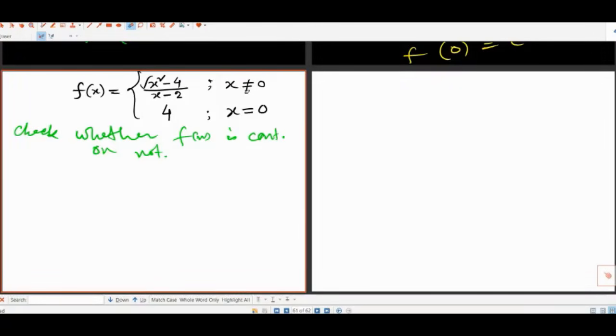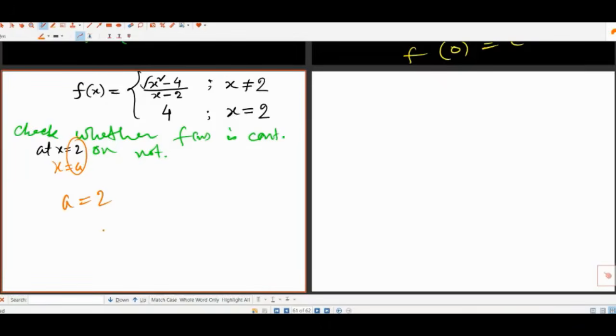You will get that the function will not be continuous. But let me write 2. That means we are going to check whether the function is continuous at x equals 2 or not. So by comparing with x equals a, what is the value of a here? It is 2, right? Yes, sir.